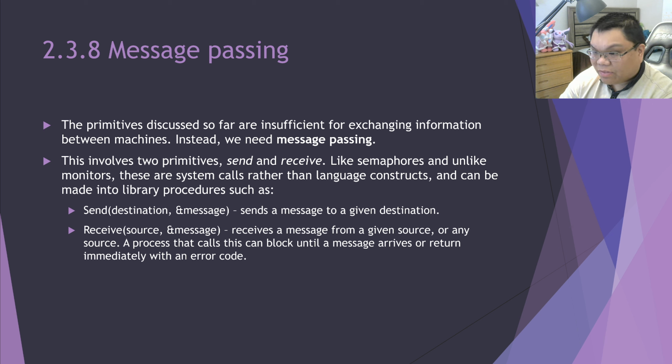So imagine if I just left right now to check the door to see if there was a package from Amazon. But I come back empty-handed because I never ordered a package. That's the error message I'm talking about. So if a process calls receive, one of two things can happen, depending on how it's implemented.